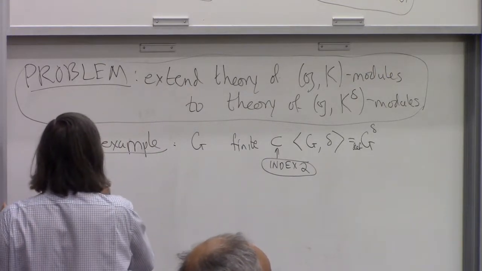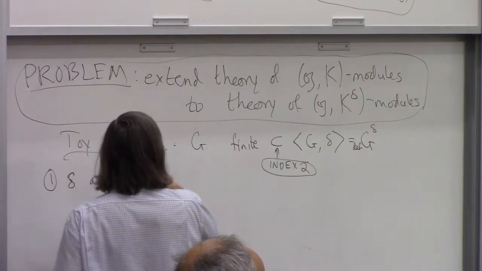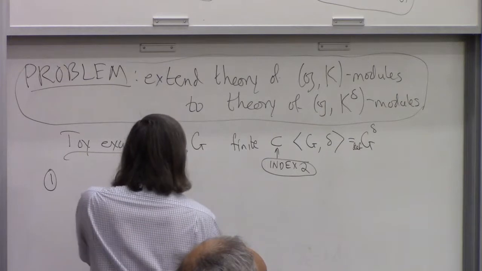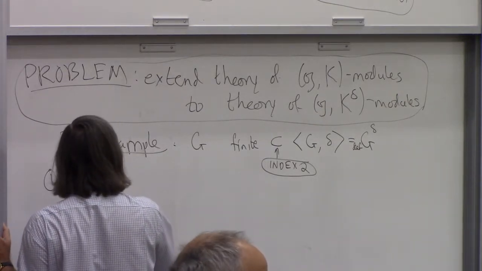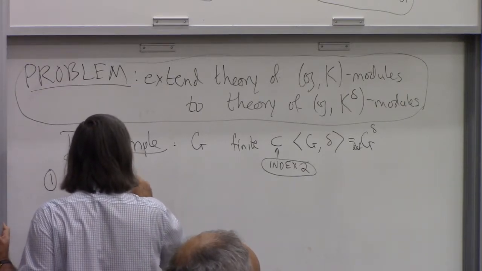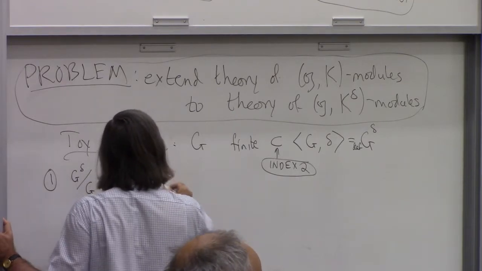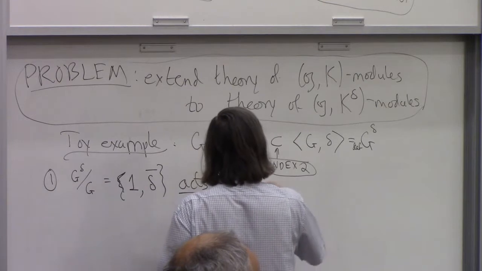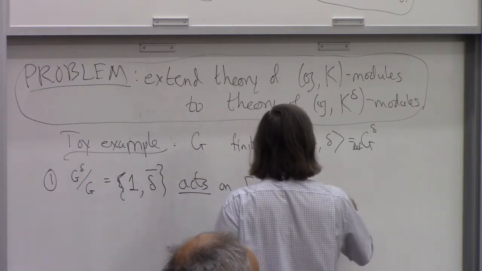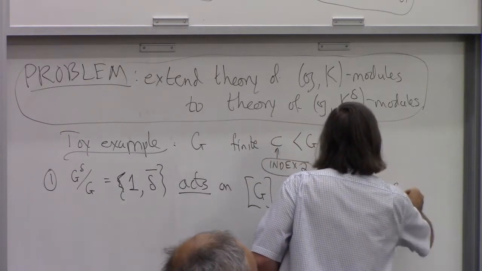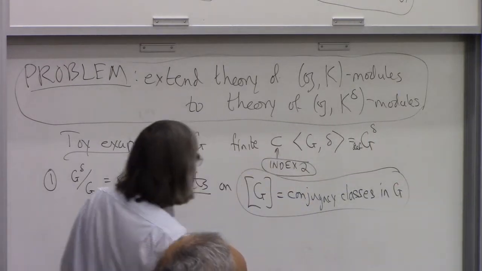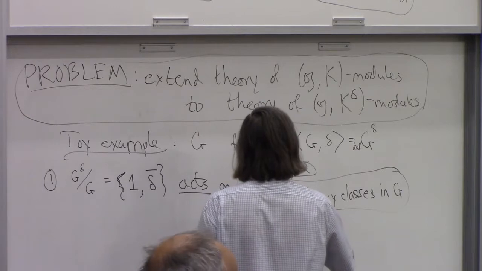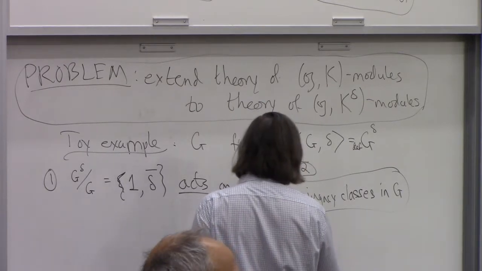So the first thing is that delta acts on the conjugacy classes. Let me say G delta over G, which is this two-element group. I'll screw up the notation. This thing acts on, I'll write G for the conjugacy classes in G. And so we have A fixed points and B orbits of order 2.